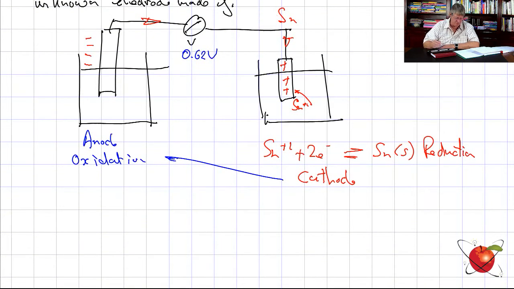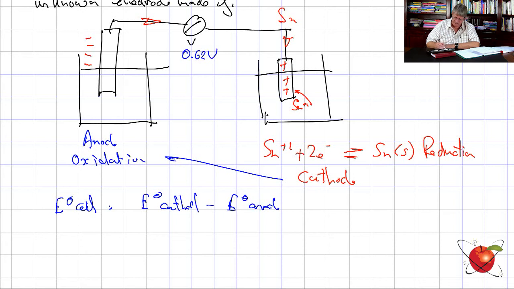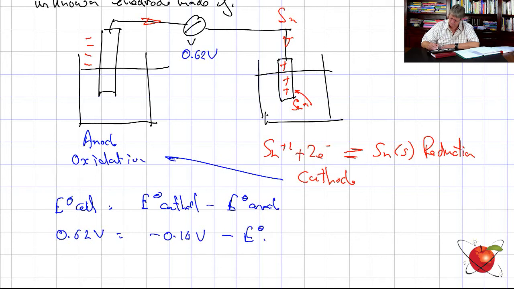The only formula that we're aware of here is that E of the cell is equal to E of the cathode minus E of the anode. They've told us the E of the cell is 0.62 volts. The E of the cathode is minus 0.14 volts, because we can look that up on our table.